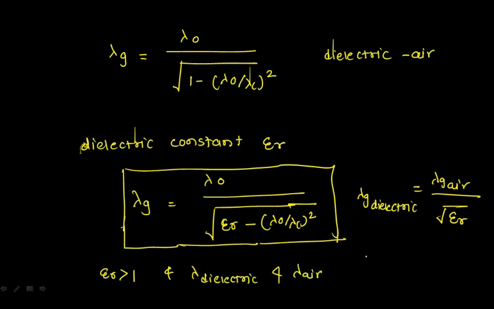You can say frequencies less than the cutoff value can pass through the same guide. Okay, so the frequencies which are less than its cutoff can pass through this particular waveguide. So this is all about the guide wavelength.